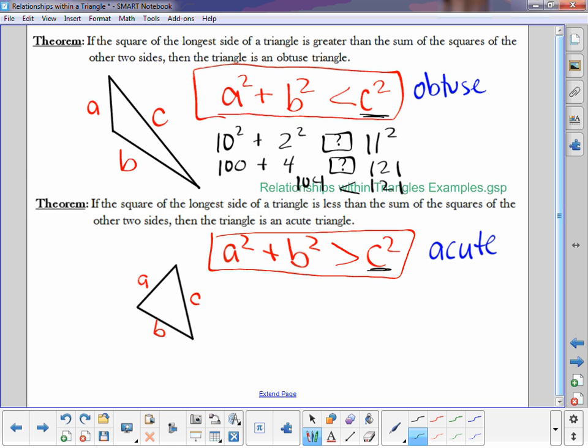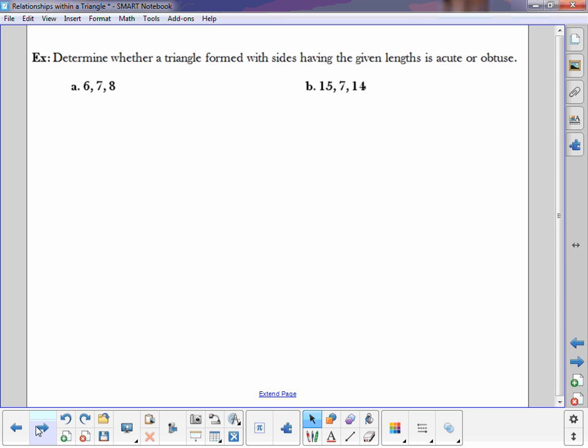Alright, so guys, this is the way that our theorems are defined, but if you would rather memorize it another way, let me pull this up. I know there's a problem here, but I'm just going to write it underneath.